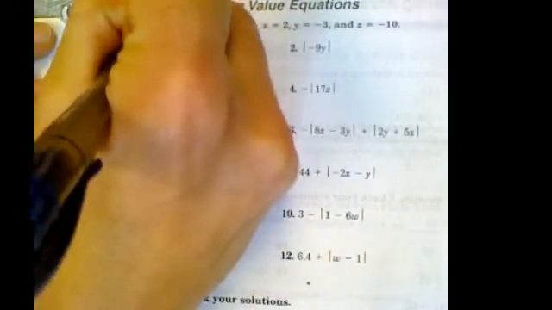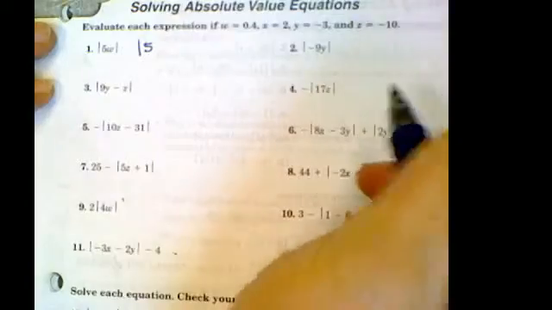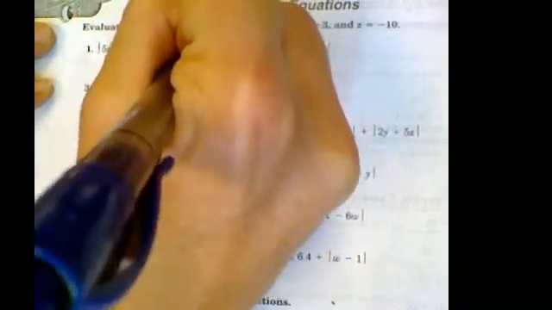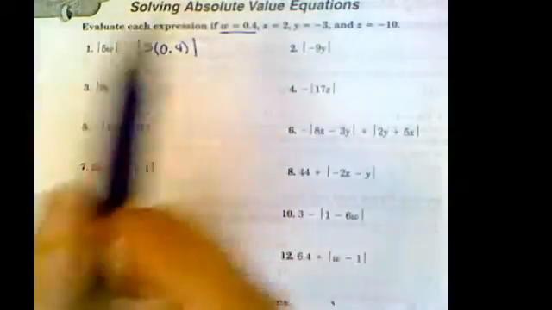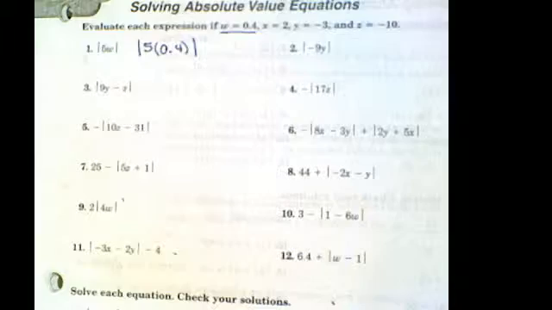So 5W, and W is 0.4. So everywhere I see a W, I'm going to put in that 0.4. Now, absolute values count as parentheses in order of operations. So if I had multiple things happening, I would be doing the absolute value first.